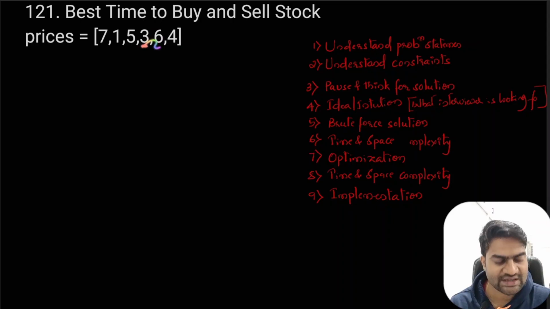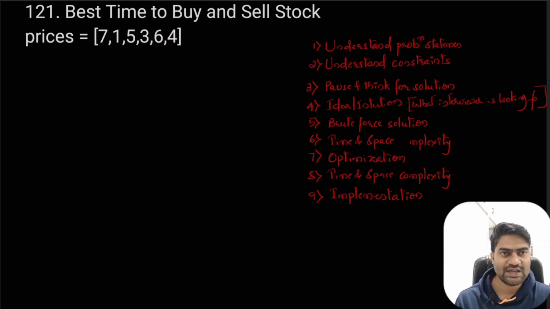Selling on this day for 3 gives 2. Here it is 3, so that won't be the maximum. So if you buy for 1 and sell for 6, the profit is maximum, which is 5 in this case. This is what we need to compute for this problem.